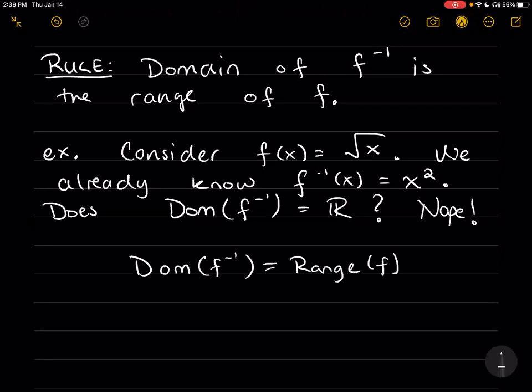And we know from previous lectures that the range of the square root function is going to be the interval 0 to infinity, including 0. So the domain of this inverse function in this context is actually 0 to infinity, not all of R. Again, this seems contrived and weird because obviously you can square things that are negative, but in this context, it is more correct and oftentimes more helpful to look at it this way.